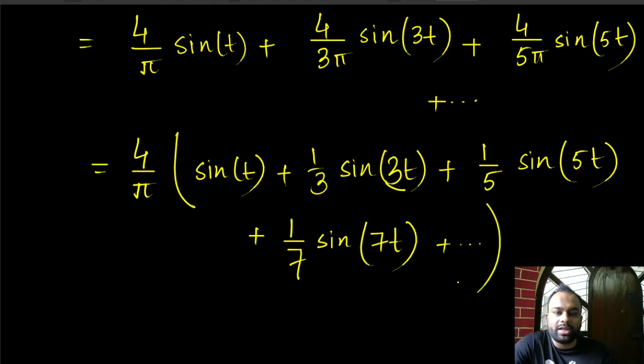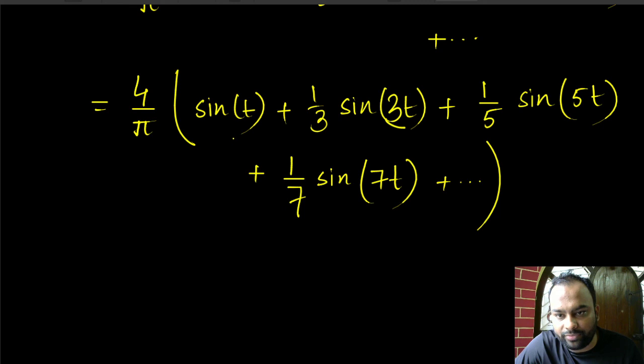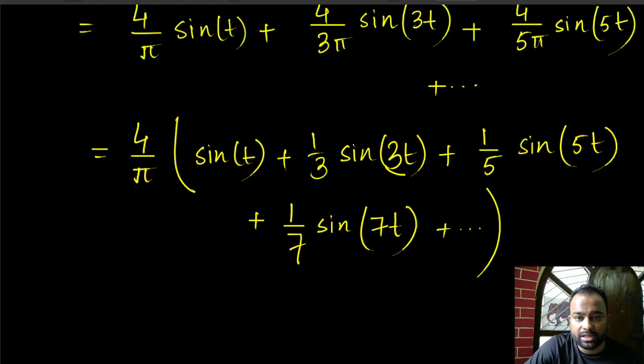So this signal comprises only odd multiples of the fundamental frequency, the odd harmonics. This is the fundamental sinusoid within that signal, sin t, 1 radian per second. Then we have another component of 3 radian per second, another of 5 radian per second, and so on. This is how you can express the original signal.